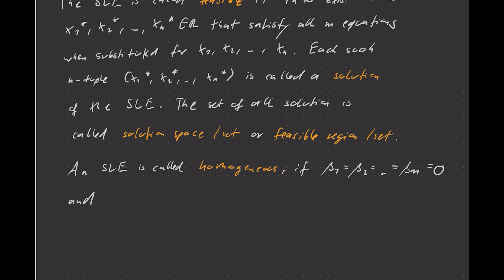And inhomogeneous otherwise. So if even one of the betas is not 0, the system is inhomogeneous, not homogeneous.